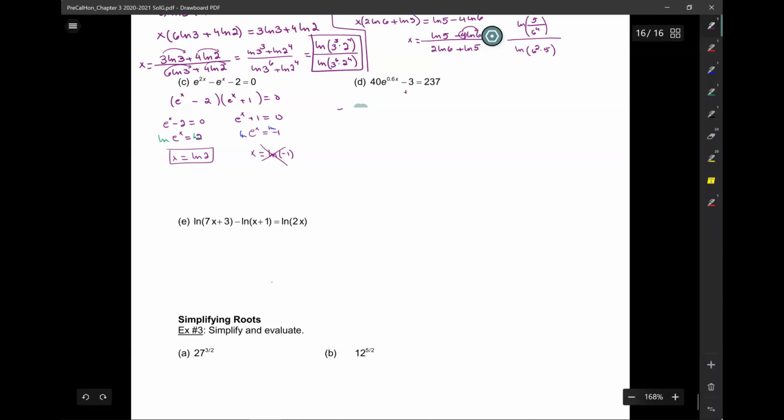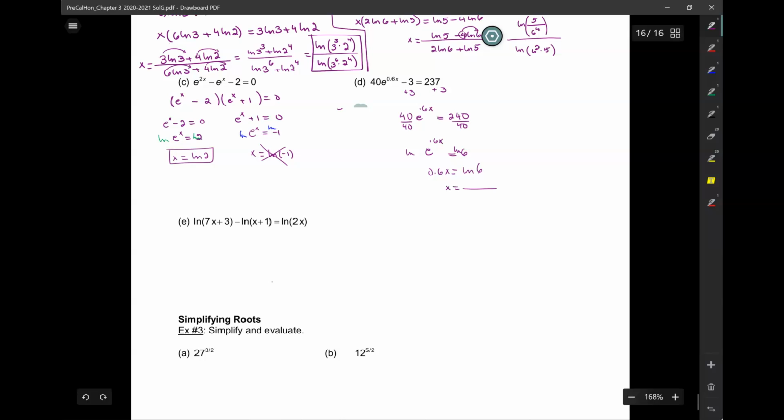The next one, I add 3 to both sides. So I get 40e^0.6x is equal to 240. Divide by 40, and I get that e^0.6x is 6. Taking the ln of both sides, 0.6x is ln of 6.